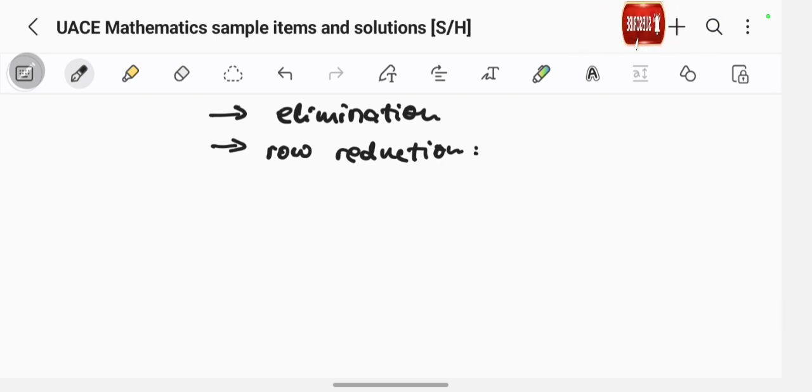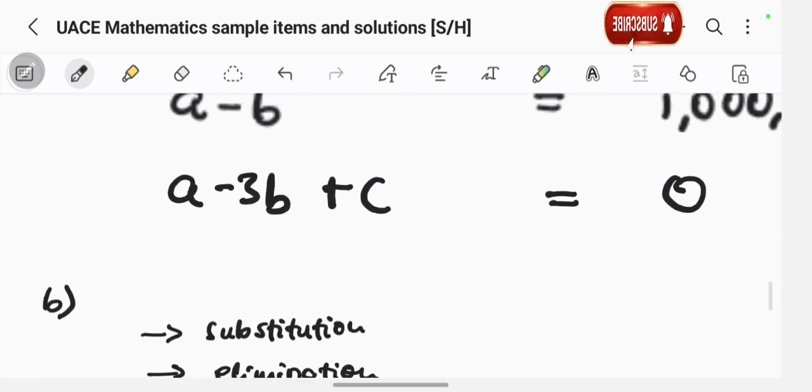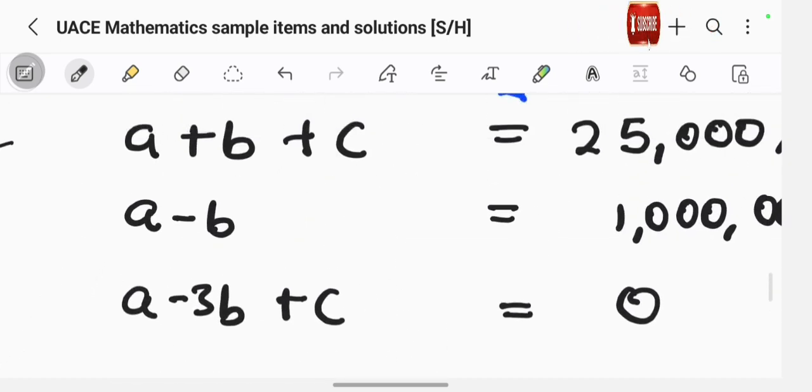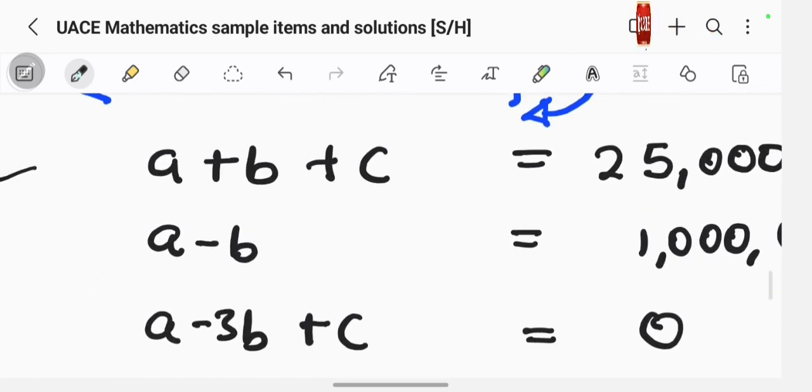So we shall begin with arranging them. Since we know very well that these simultaneous equations are 3, I'm going to be picking coefficients. I have coefficient 1 here, 1, 1, 1, -1, 1, -3, 1.